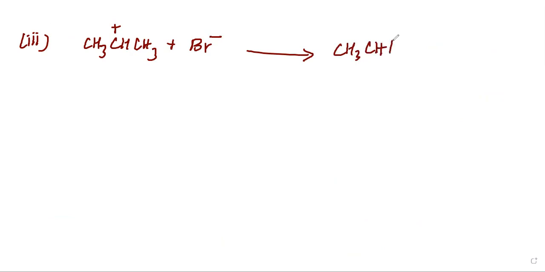In the third step, my dear students, we have the secondary carbocation, which again undergoes reaction with the Br minus, and we get CH3 CH Br CH3, which is known as 2-bromopropane.